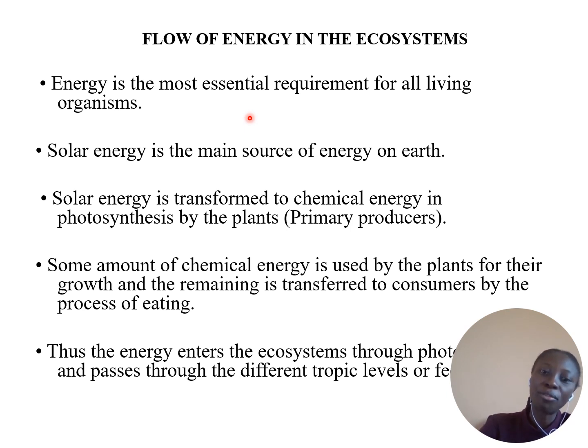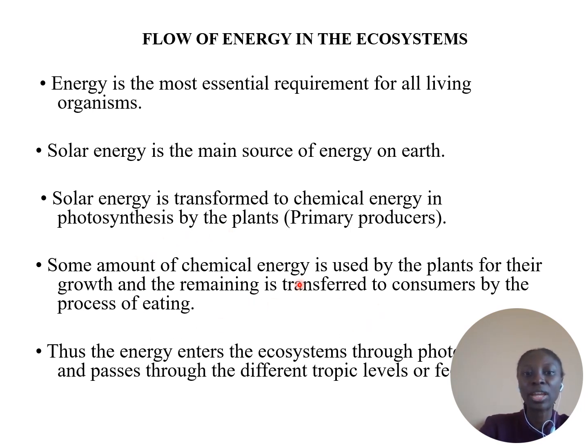The flow of energy in an ecosystem is very important. The essence of an ecosystem is for all organisms to obtain their food, and the second essence is for energy flow to occur in the ecosystem. So energy is most essential for all living organisms, and the primary source of energy on Earth is the sun, which ensures the release of chemical energy for all plants through the process of photosynthesis.